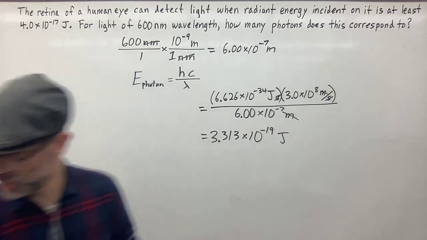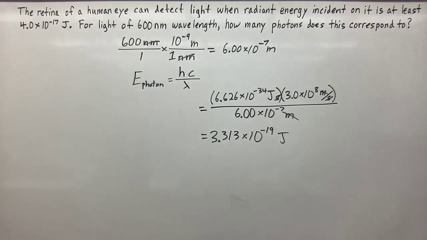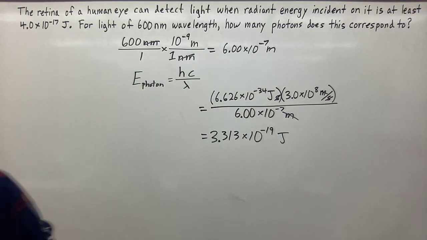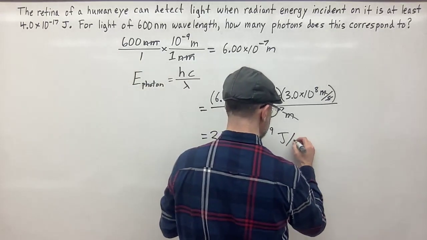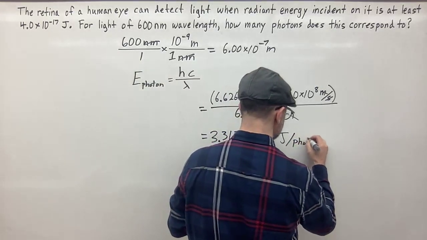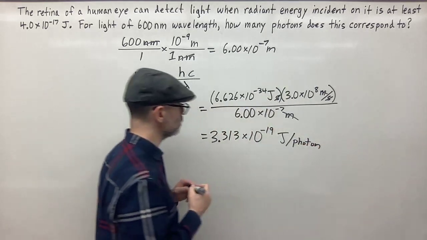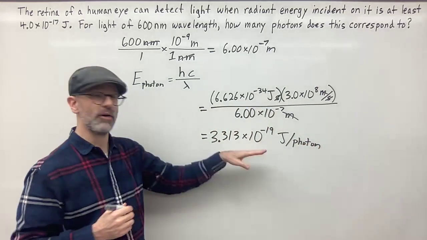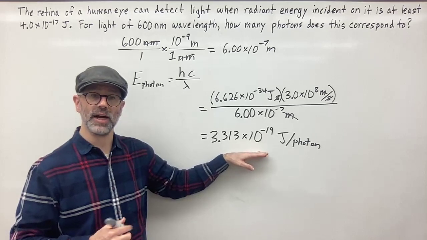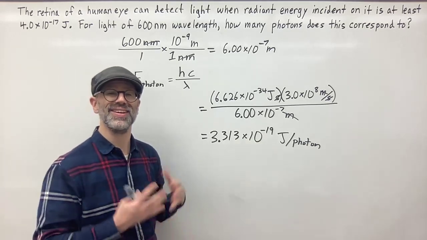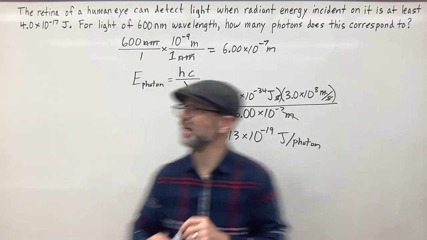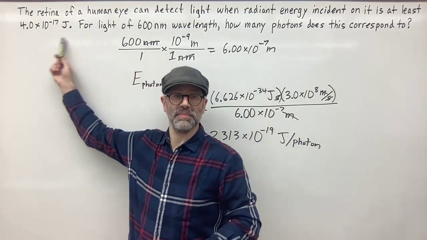Let me double check that again. That is correct. So this is the amount of energy per photon. Now that I have the energy per photon, I can use this to calculate the number of photons in this amount of energy.